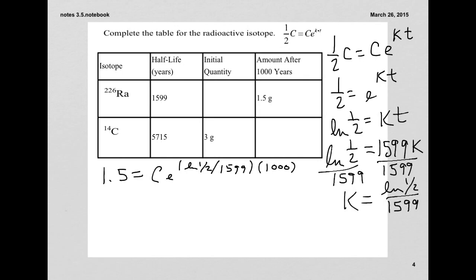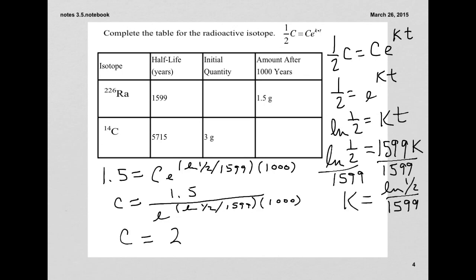Okay, so that gives me C equals 1.5 divided by e to the ln of 1/2 divided by 1599 times 1,000. Okay, we plug all that in the calculator and we get C equals 2.31 grams.